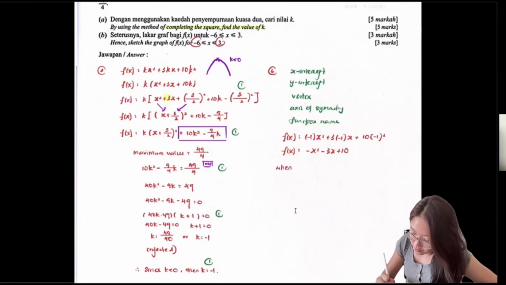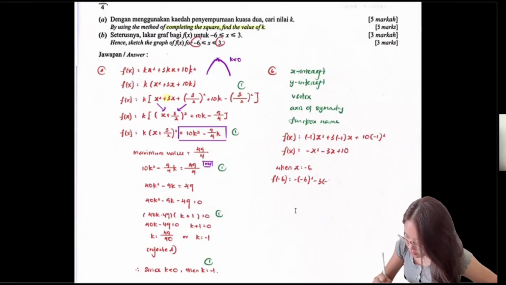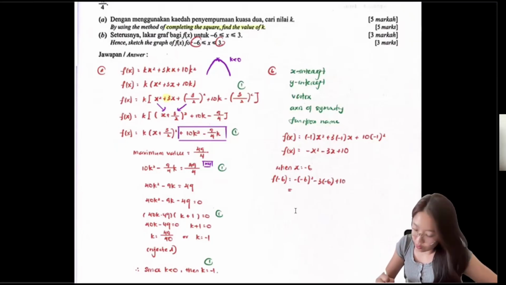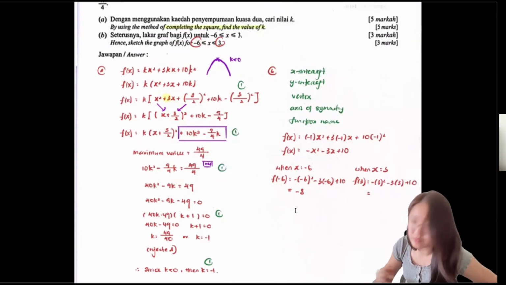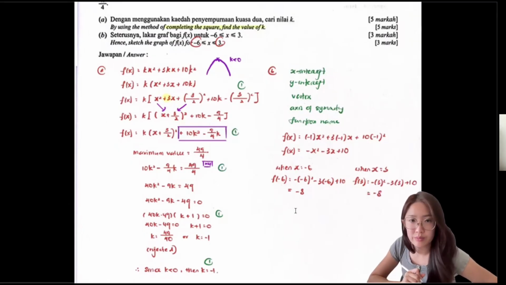So substitute x equals to -6 first. Okay, and then find the value, you should get -8. And also f(3), -3 squared minus 3 times 3 plus 10. Okay, here you should get also -8.